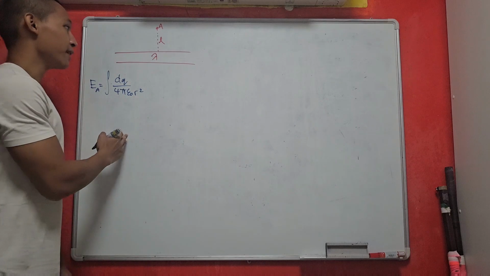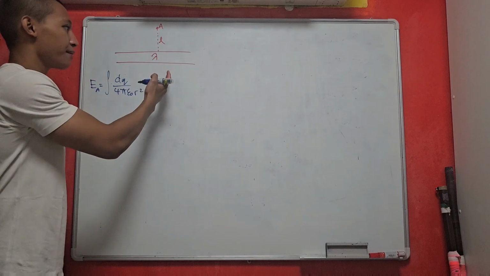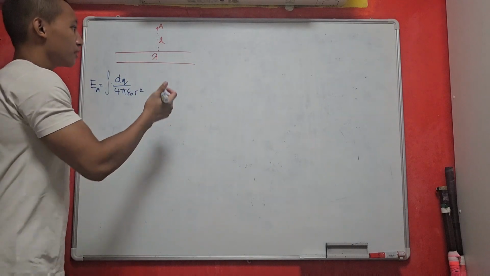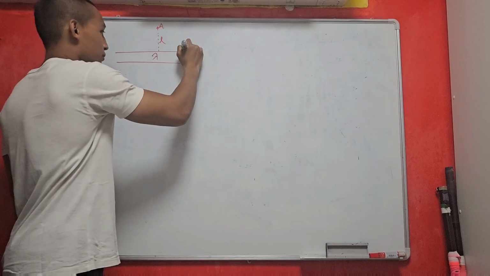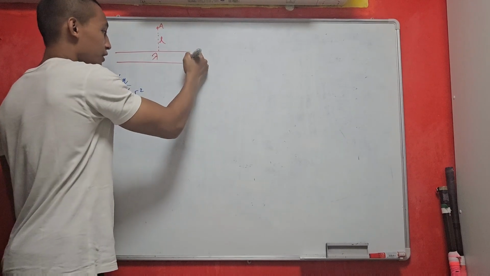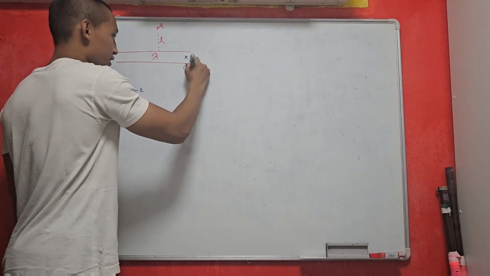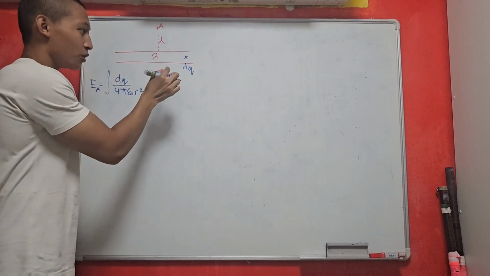To use this method, we actually have to make this diagram a bit more comprehensive. Let's take a look at just one point. This point has a point charge dq, or an infinitely small charge dq.